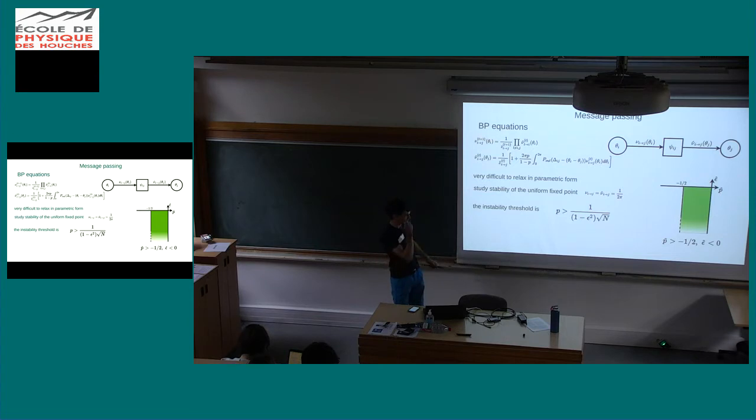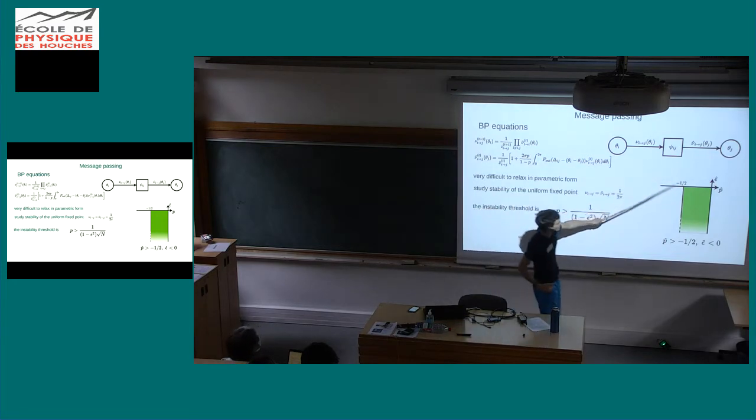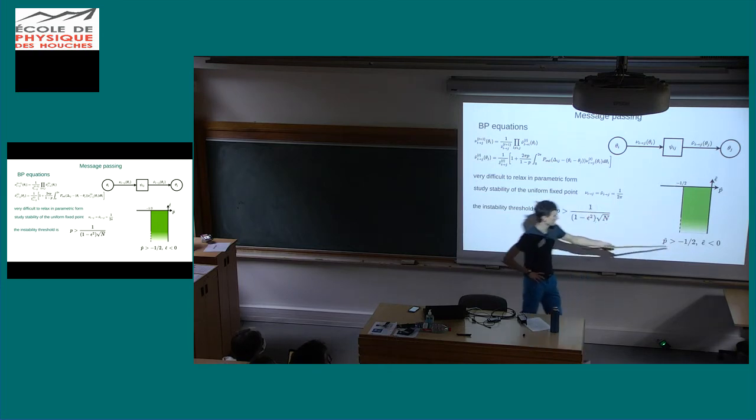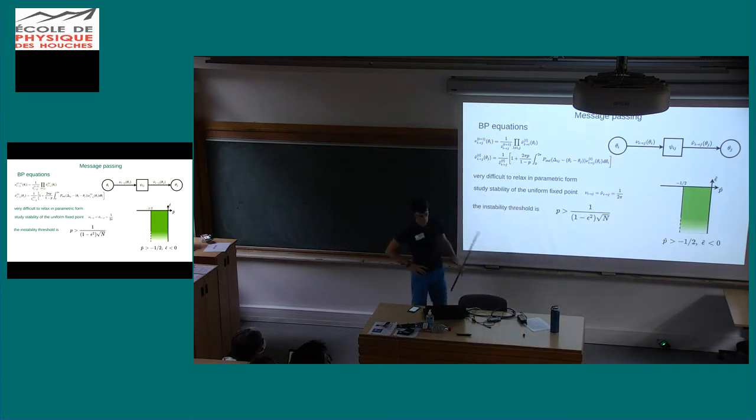So this is a first algorithm to look at. And we can isolate this region in the p hat epsilon hat plane, which is where the message passing techniques work in general. So for p hat greater or equal than 1/2, we succeed in recovery, otherwise we don't.